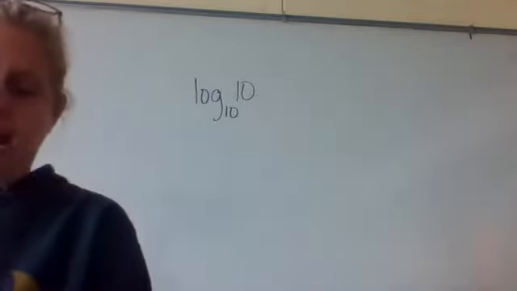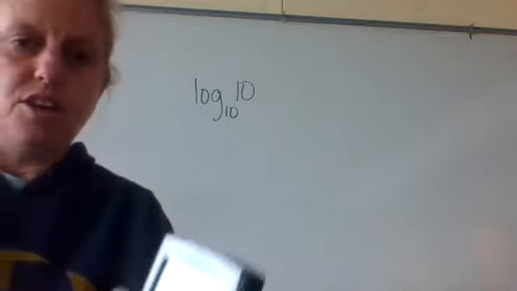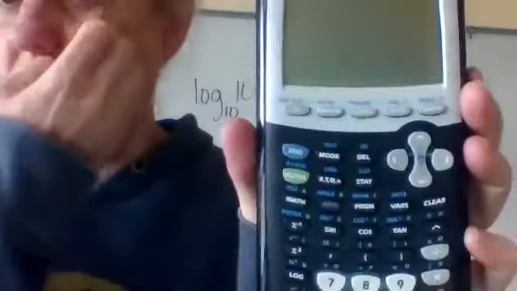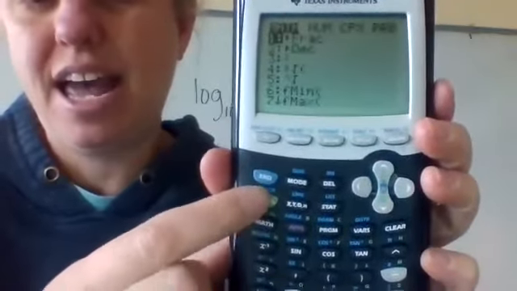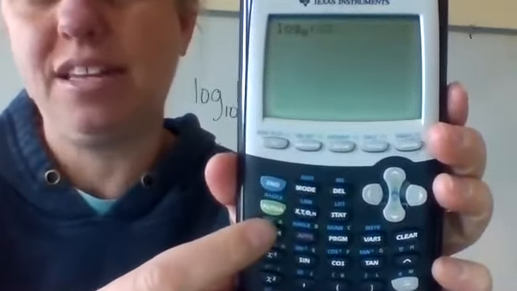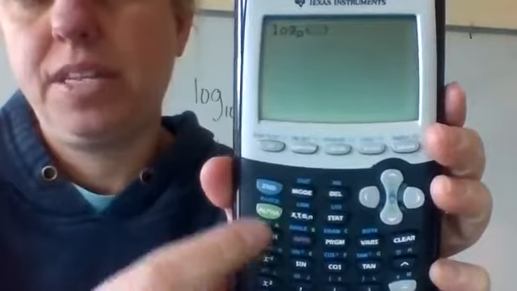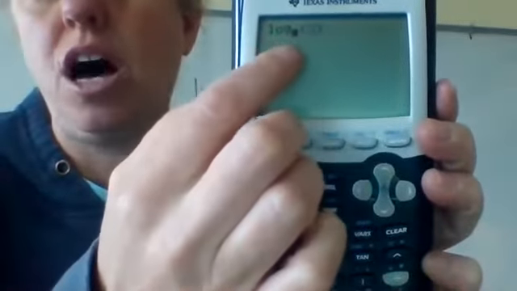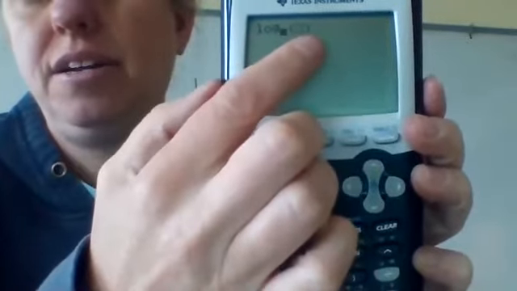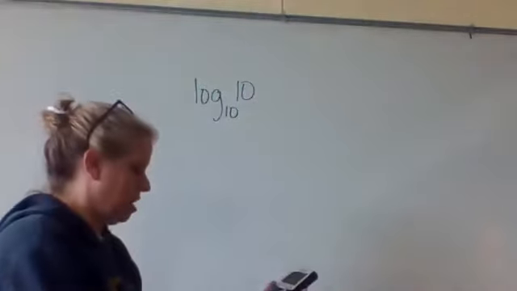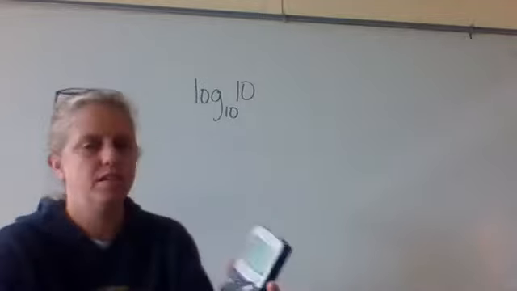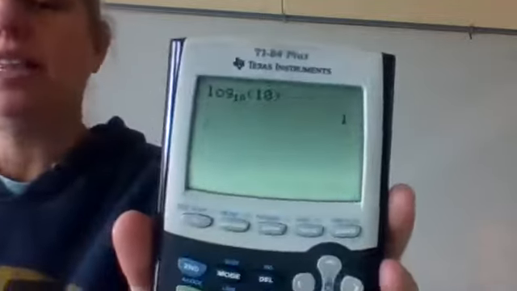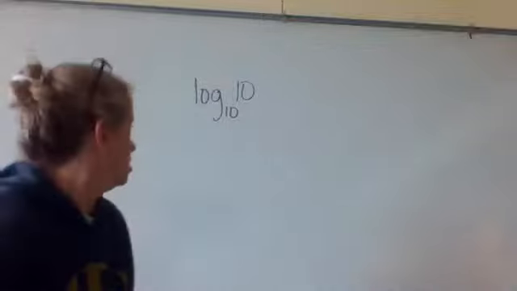If you have the TI-84, and we even learned an extra shortcut, hit math, alpha, math. That gives you the log base function. Then just put the 10 in the small base area and then the other 10 in the other area and hit enter. That gives you your answer.